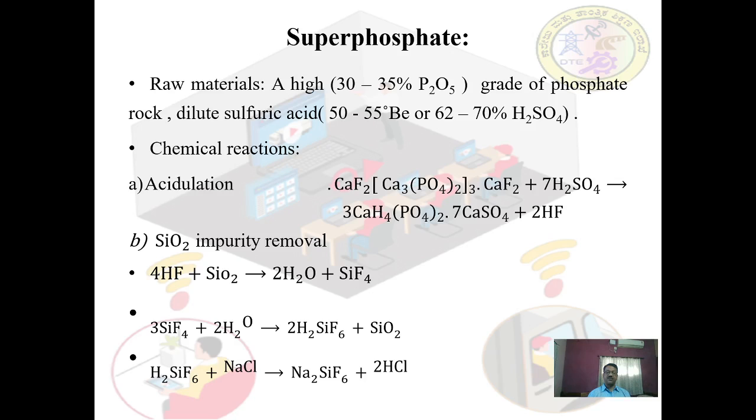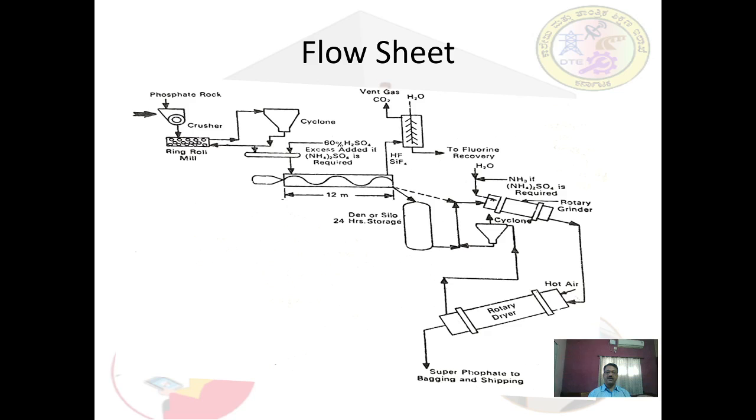This hydrofluosilicic acid with sodium chloride gives sodium silicofluoride. This is the flow diagram which is used to produce superphosphate from phosphate rock and sulfuric acid.